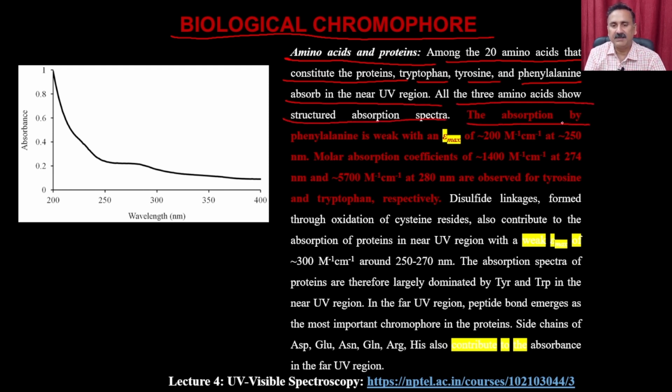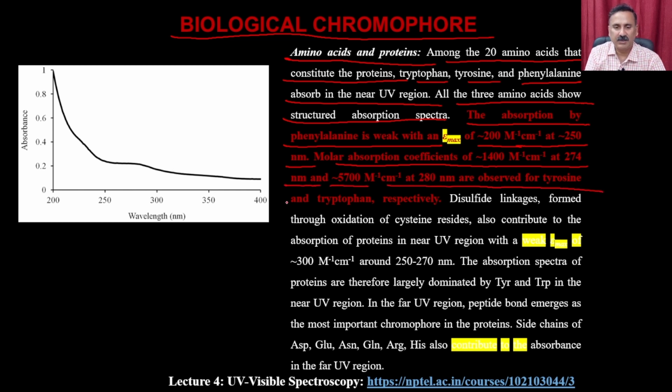The absorbance by phenylalanine is weak, with an epsilon maximum of 200 per mole per centimeter at 250 nanometer, whereas molar absorption coefficients of 1400 at 274 nanometer and 5700 at 280 nanometer are observed for tyrosine and tryptophan respectively.